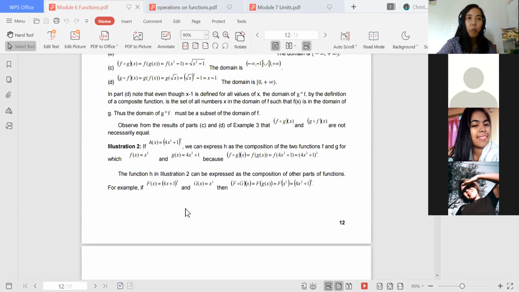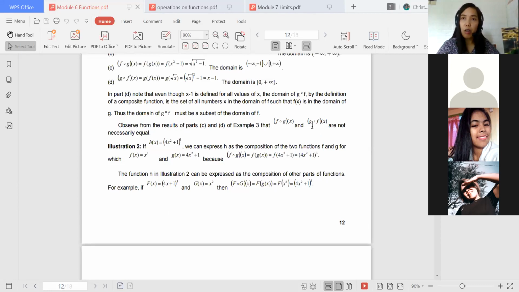Okay? So, that's it. Thus the domain of g composite f must be a subset of the domain of f. So, observe the results of part c and d of example 3 that f composite g and g composite f are not necessarily equal. So, like I told you earlier, mostly they are not equal.